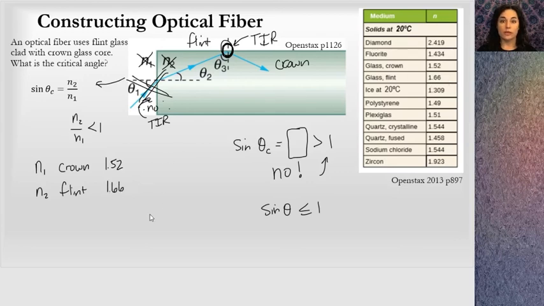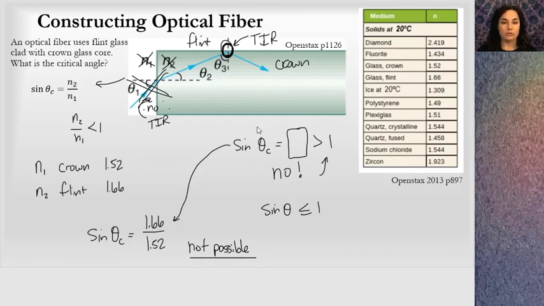So you may be getting the feeling I'm getting here when I set up this equation, sine theta c equals n2 over n1, I get 1.66 over 1.52. And I'm getting this situation where the sine theta c is greater than 1, and that's not possible. So what I would say on this problem is that they were trying to trick us.